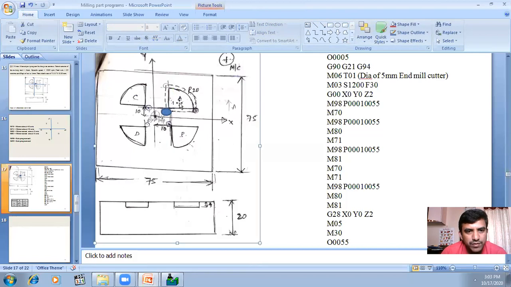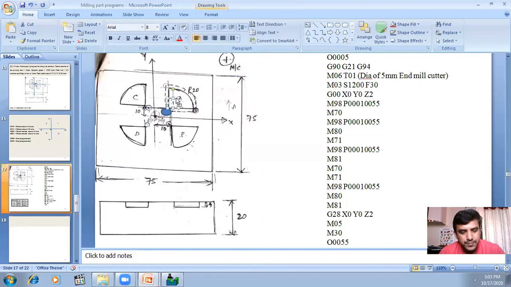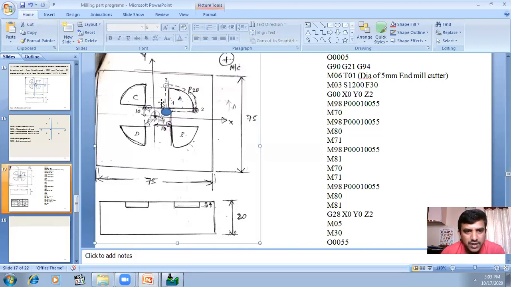Then move the tool from 1 to 2. Now this is the second location. After that move the tool from 2 to 3. This is the third location, right?